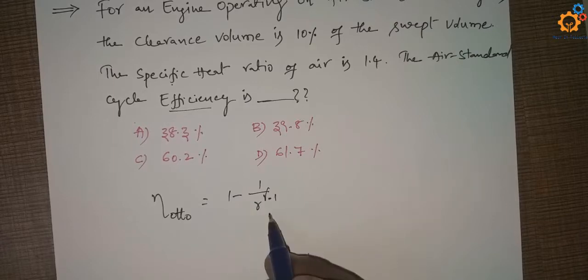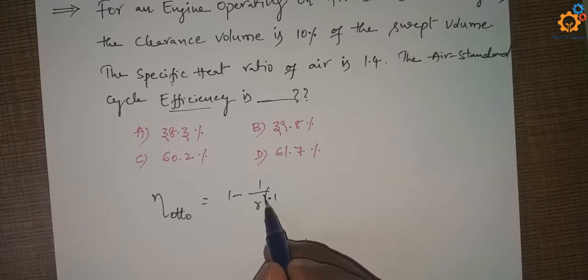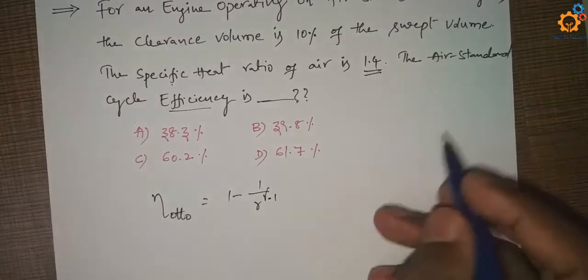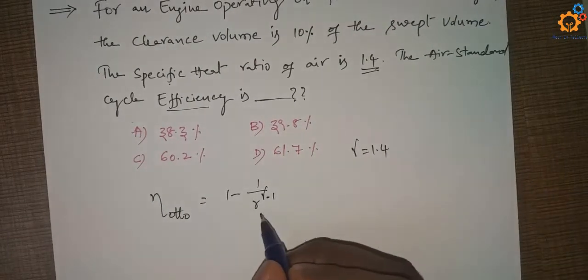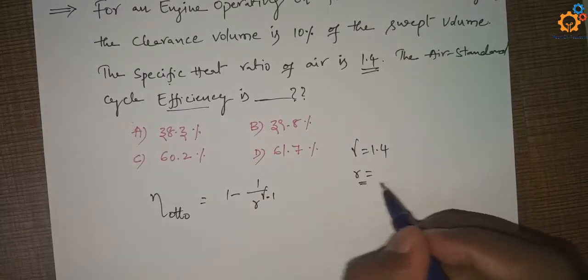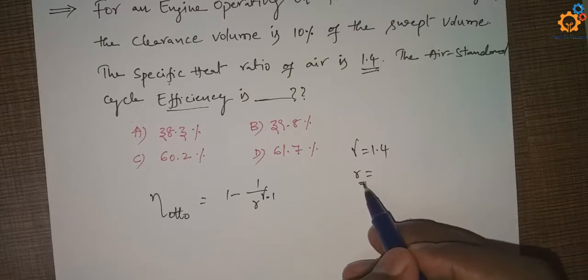This is Otto cycle efficiency, where R is the compression ratio and gamma is the specific heat ratio, that is Cp by Cv, and this was given as 1.4 in the question, so gamma is equal to 1.4. If you know compression ratio R, then you can find directly the cycle efficiency, right? Then how to find compression ratio R?